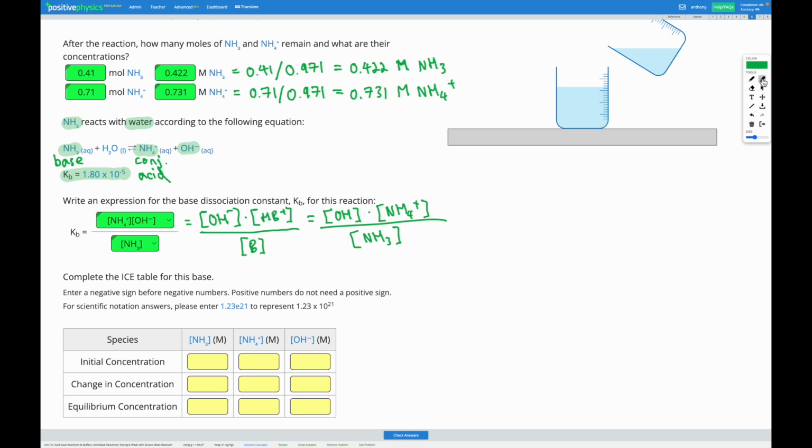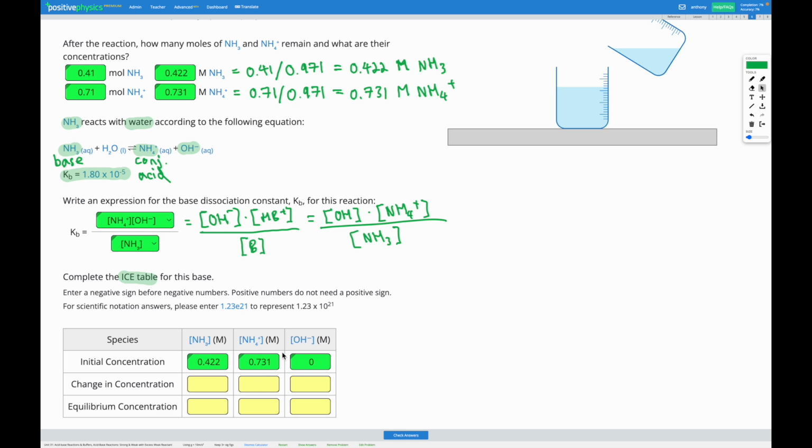Our next step is going to be using the ICE table to figure out what our equilibrium concentrations of each of these things will be. So our initial concentrations, those are what we had at the end of our reaction. At the end of our reaction, we had 0.422 molar of ammonia. We had 0.731 molar of ammonium. And we're not going to have any hydroxide ions to start with.